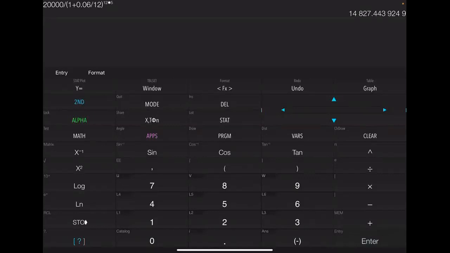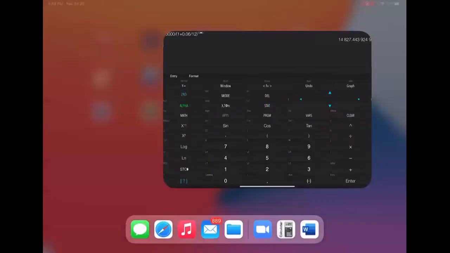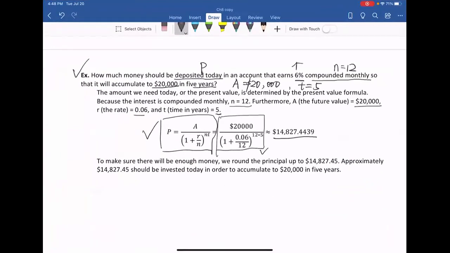We got 14827.443. If we round to 2 decimals, we keep 14827.44. Let's see, okay, yes. If you want to keep 2 decimals, you just keep this.